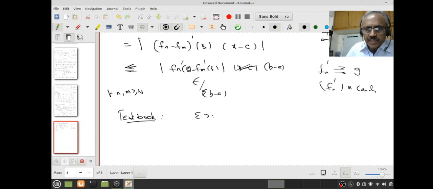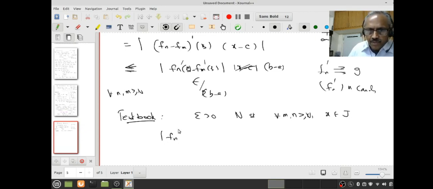So yeah, how will you write a textbook proof? Given epsilon, choose N so that for all m, n greater than or equal to N, and x in J, the interval, |fn'(x) − fm'(x)| is less than epsilon by (b − a).